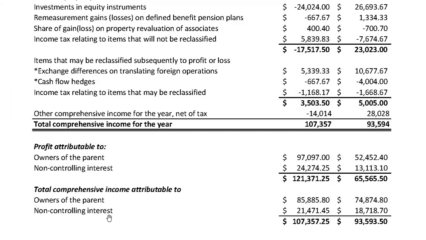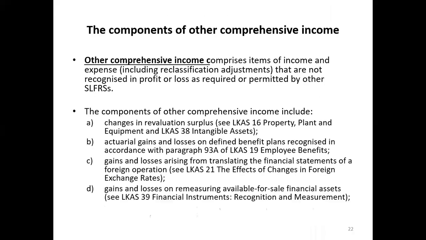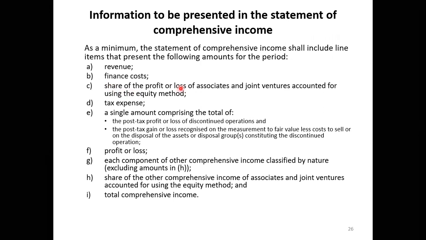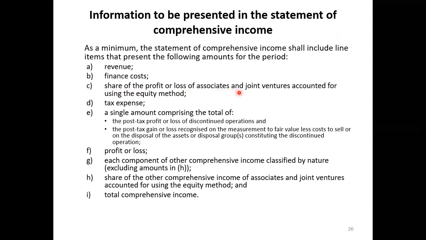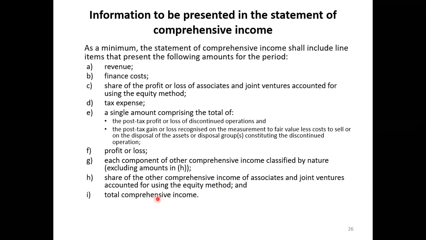Based on their ownership interest, they have to disclose owners of the parent and non-controlling interest. So there should be disclosed separately profit attributable and total comprehensive income. Right, here the share of profit or loss of associates and joint ventures accounted for using the equity method, and share of other comprehensive income of associates and joint ventures accounted for using the equity method.